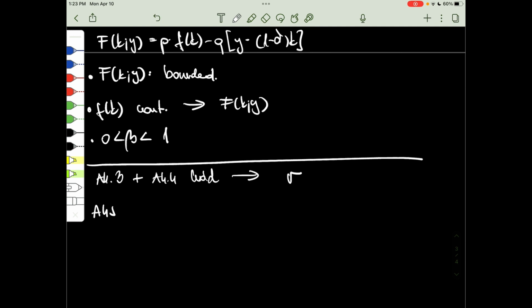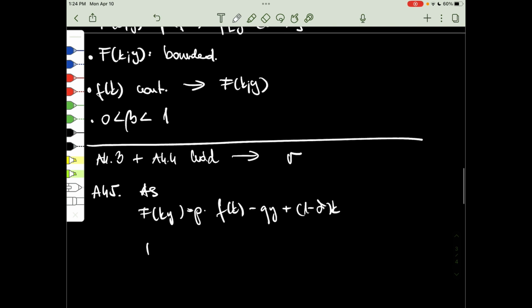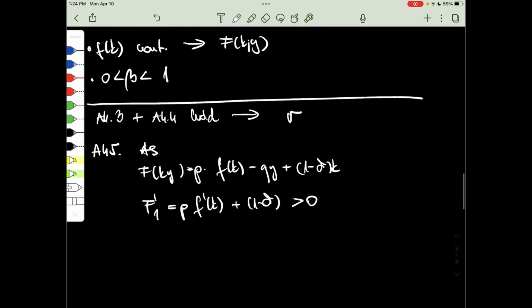Okay, assumption 4.5. As the one period return function is this, this is the first derivative in the first variable, and it is sure that it is positive, so f is strictly increasing.